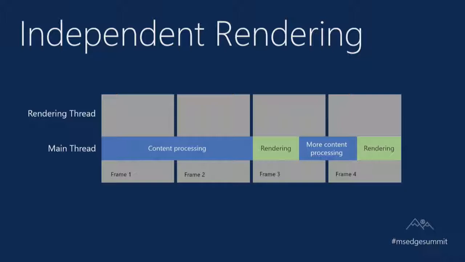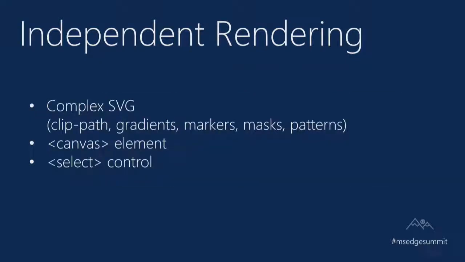In some of the perf clubs our perf team was doing, they started seeing this as a recurring theme that people were falling back, and so we went and looked at the telemetry, and 98% of it was due to complex SVG, the canvas element, and the select control. And so in Edge 16, these now all independently render, so that our users, when they touch the screen, get that wonderful perceptive performance improvement of the browser automatically rendering that content, even if we're still doing work on the UI thread to provide them with the updated content.